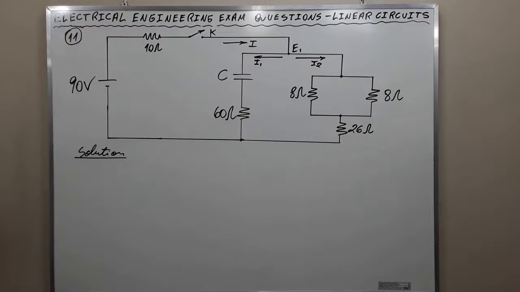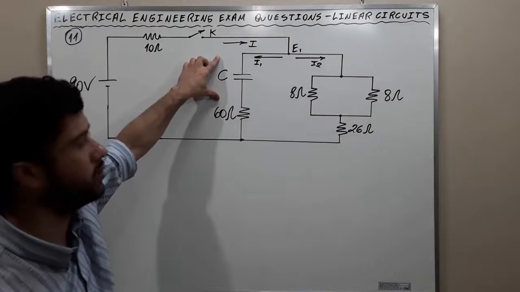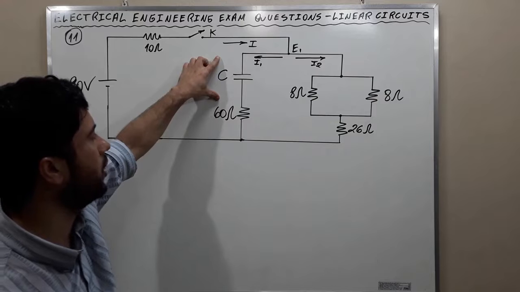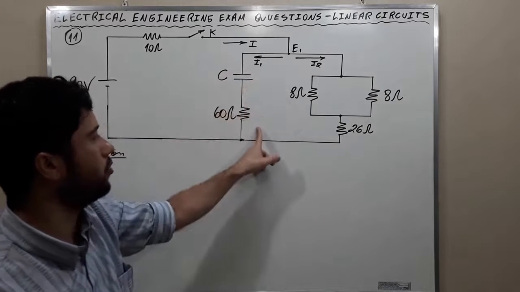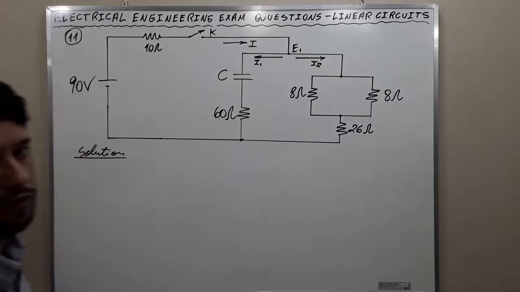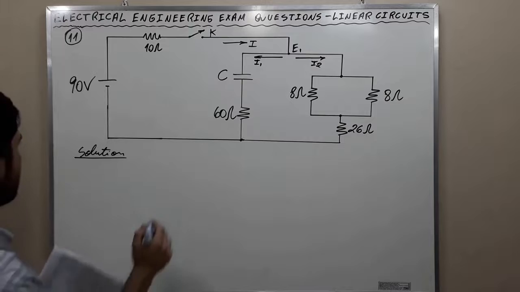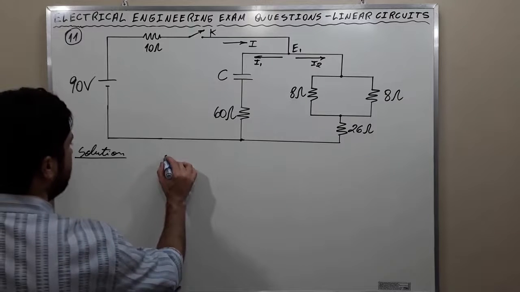Okay? In steady state, the capacitor opens. It's an open circuit here. Okay? So no current flows here in steady state. The capacitor behaves as an open circuit. Then we're going to have a circuit like this.